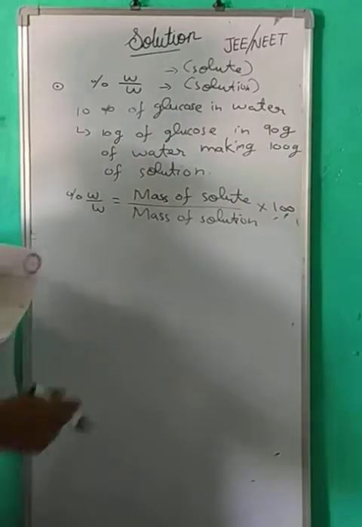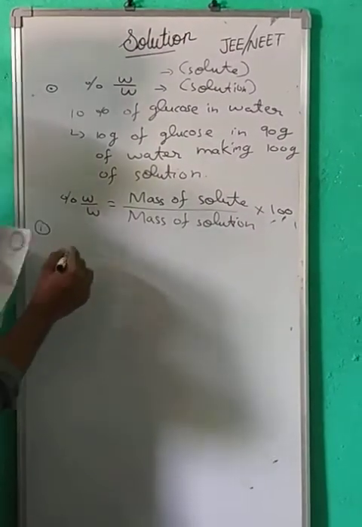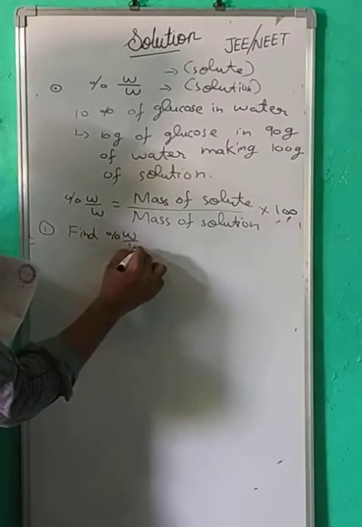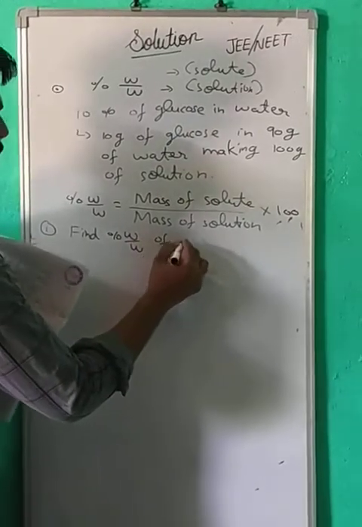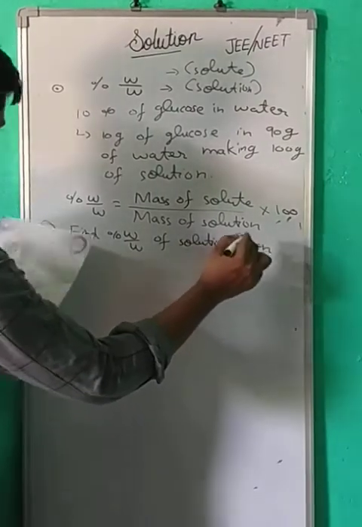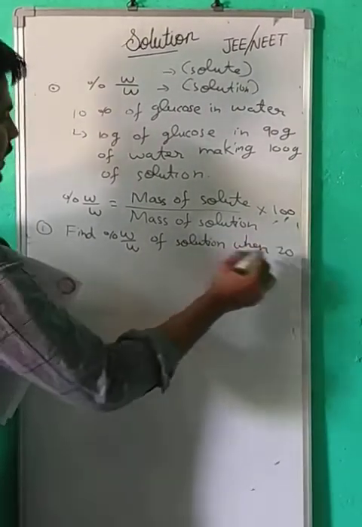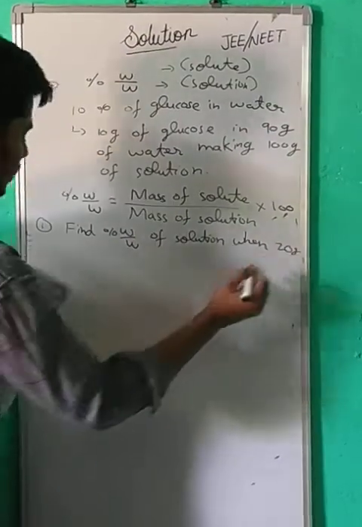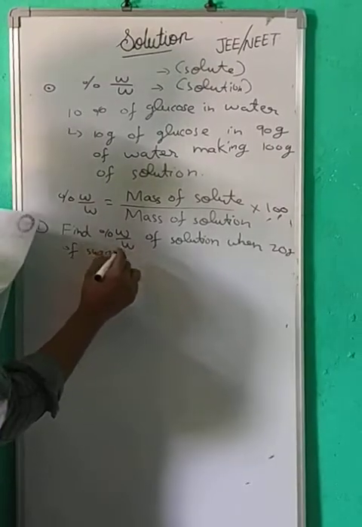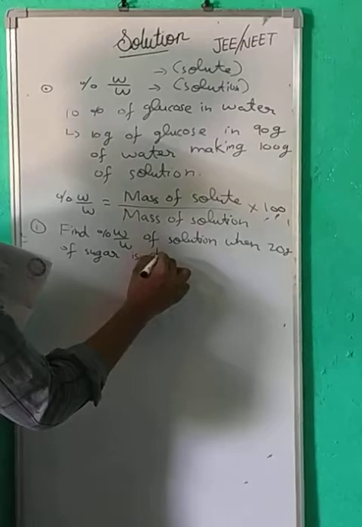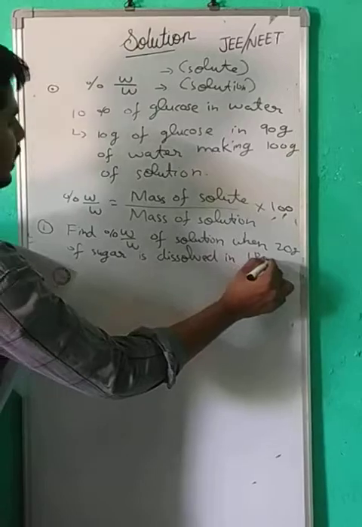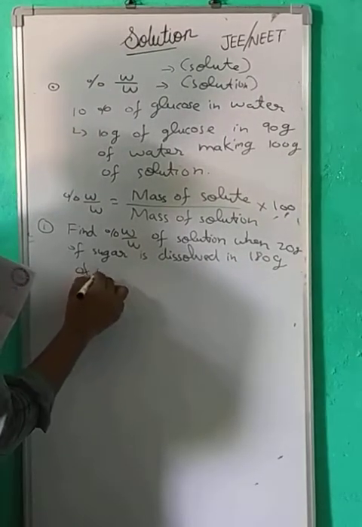Let us solve one numerical based on this. Find percentage weight by weight of solution when 20 gram of sugar is dissolved in 180 gram of water.